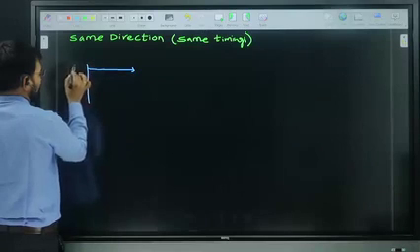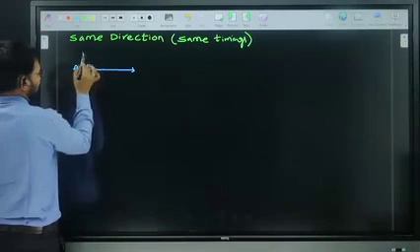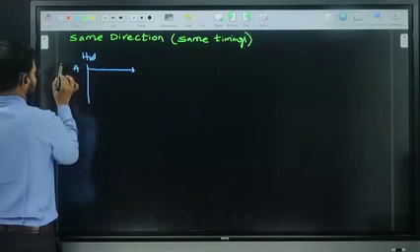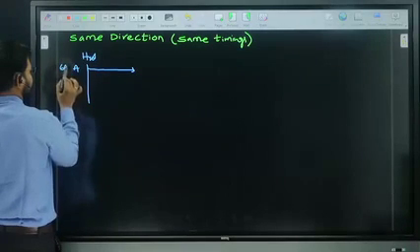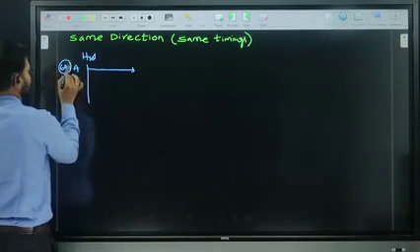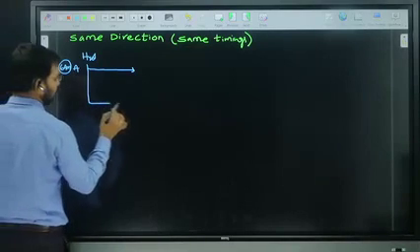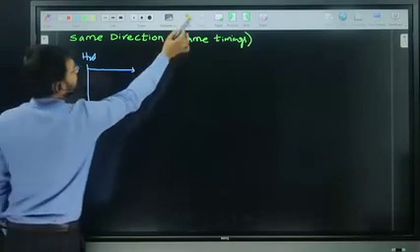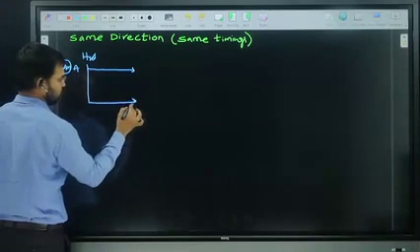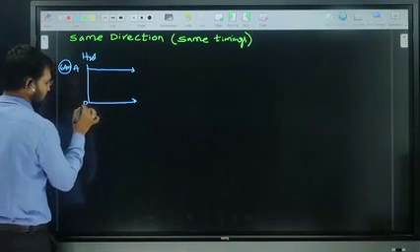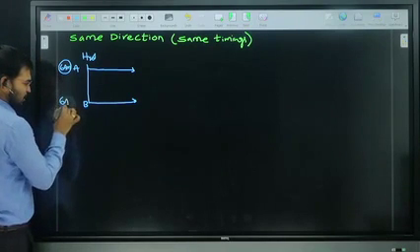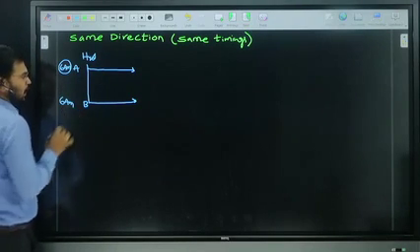This is object A. Starts from Hyderabad at morning 6 a.m. B object starts from Hyderabad itself, same timing, morning 6 o'clock.